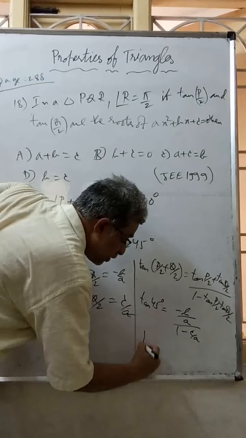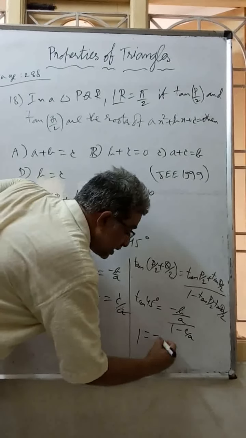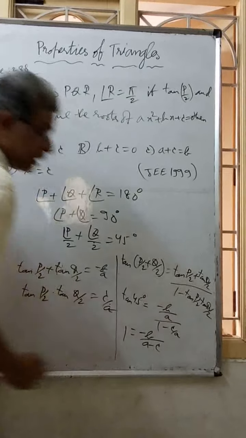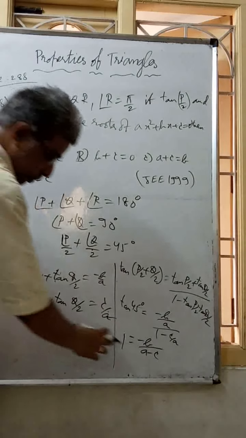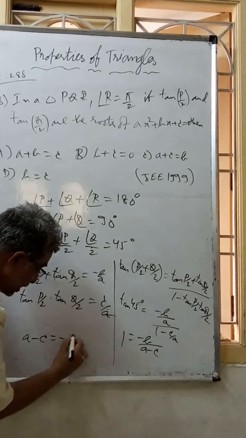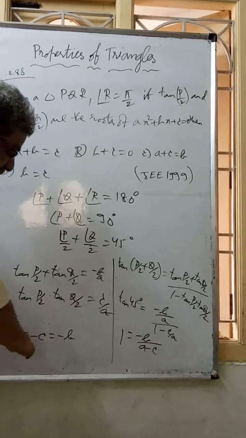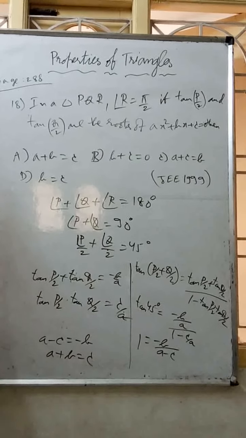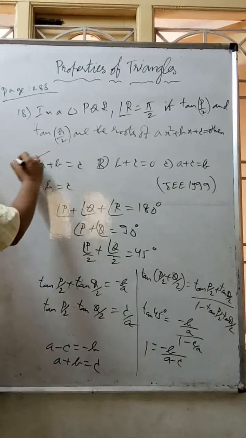So tan 45, which is 1, equals minus b by, taking a as LCM, a minus c, and a gets cancelled. Now bringing this to this side, a minus c equals minus b. Minus b to this side, c to that side, becomes a plus b equals c. So my option is a plus b equals c, the first option.